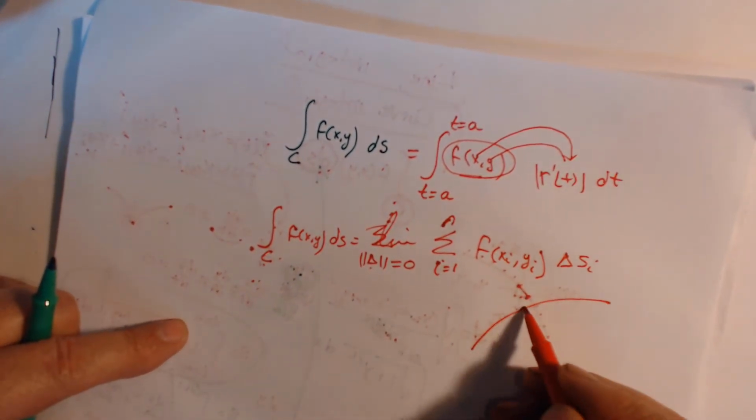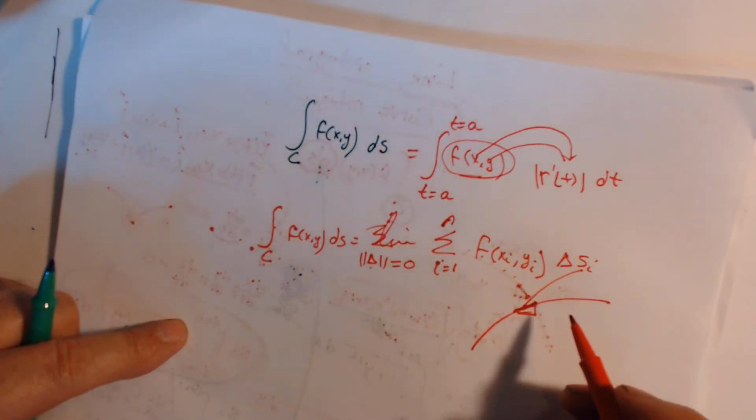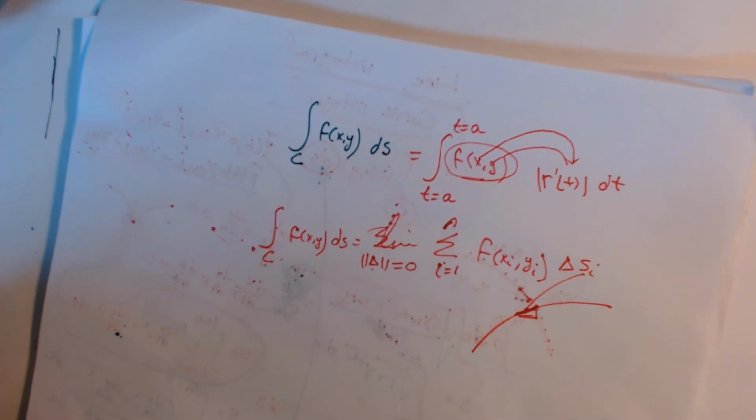And delta s_i is picking one of these line segments right here, and that's how you do line integrals in R2.